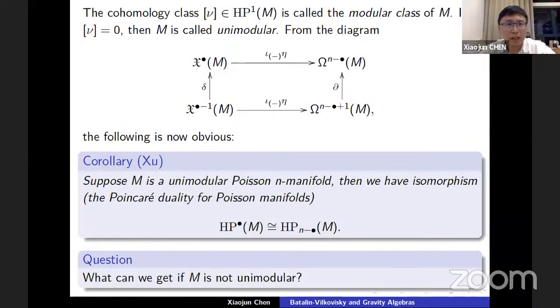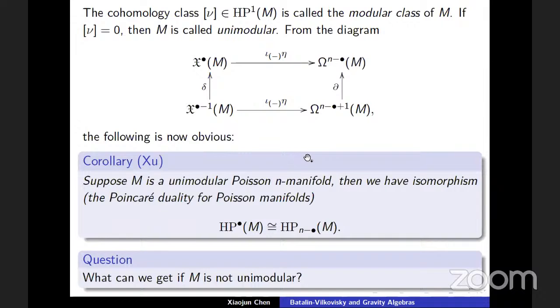The cohomology class is usually called the modular class of M. If this modular class is 0, then M is called unimodular. If it is unimodular, then, because the horizontal maps are isomorphisms, we have the following corollary. Suppose M is a unimodular Poisson manifold. Then we have the following isomorphism between the Poisson cohomology of M and the Poisson homology of M of the complementary degree.